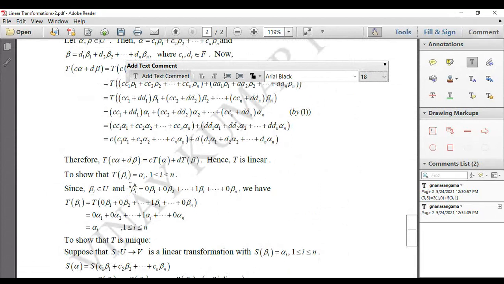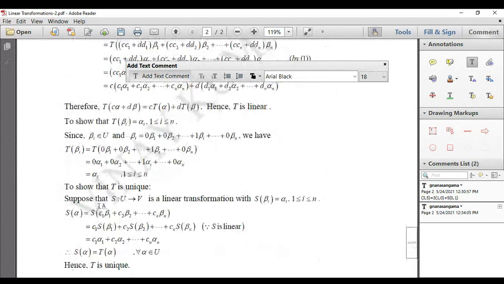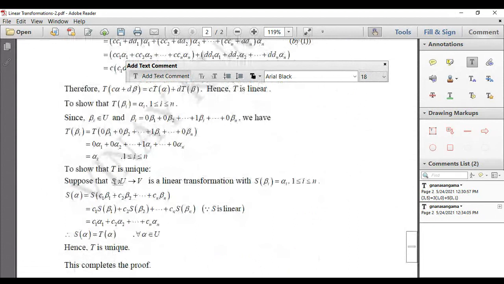One, T from U to V with T of beta I equal to alpha I. And let us assume that S is any other linear transformation from U to V with S of beta I also equal to alpha I. Then we have to show that these two linear transformations are equal. If you show that S and T are equal and their images are equal, then they are one and the same. That becomes unique.